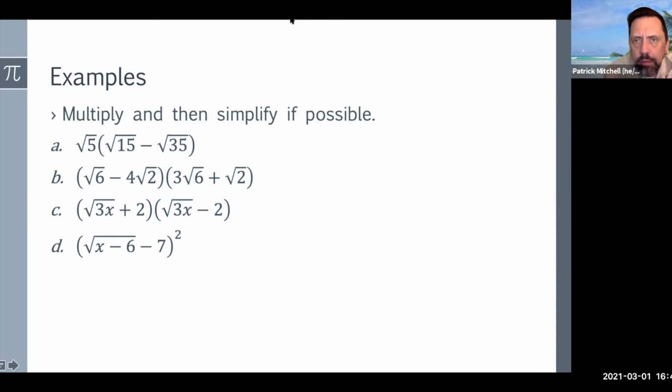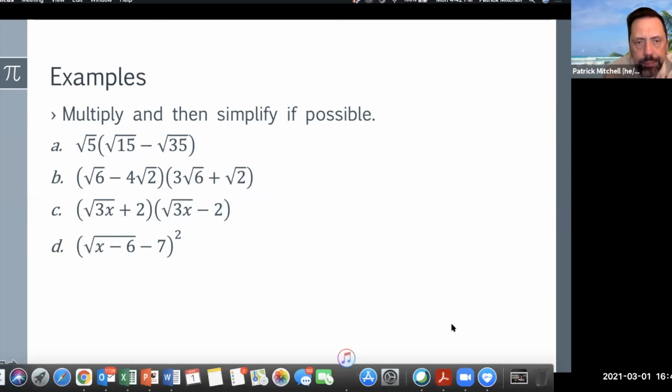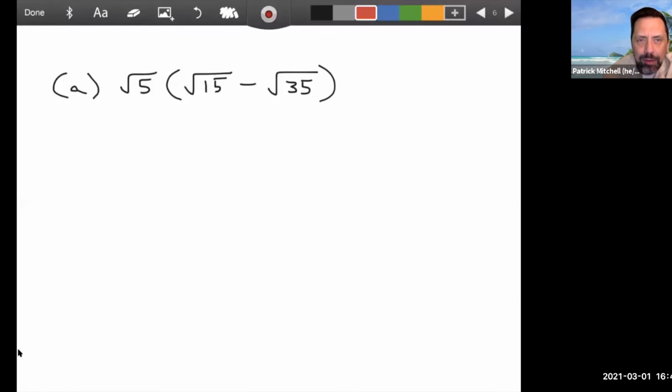And then I believe once we get through these, we are all done. So first we have the square root of 5 times the square root of 15 minus the square root of 35. Notice that all three of these radicals are in simplest form.